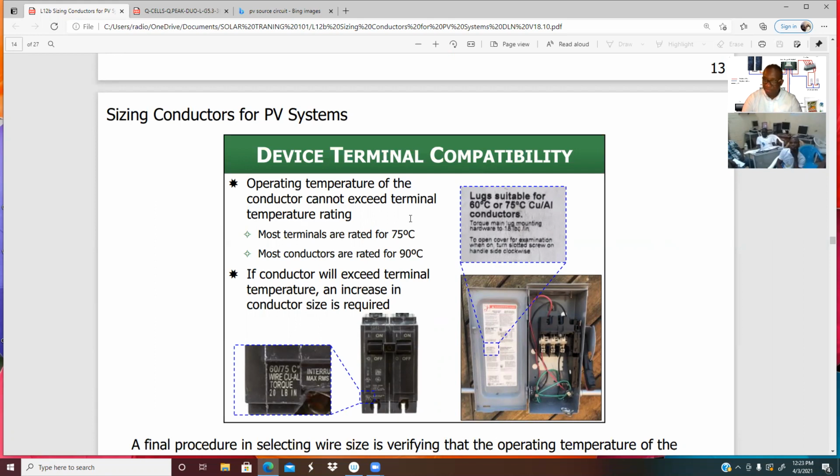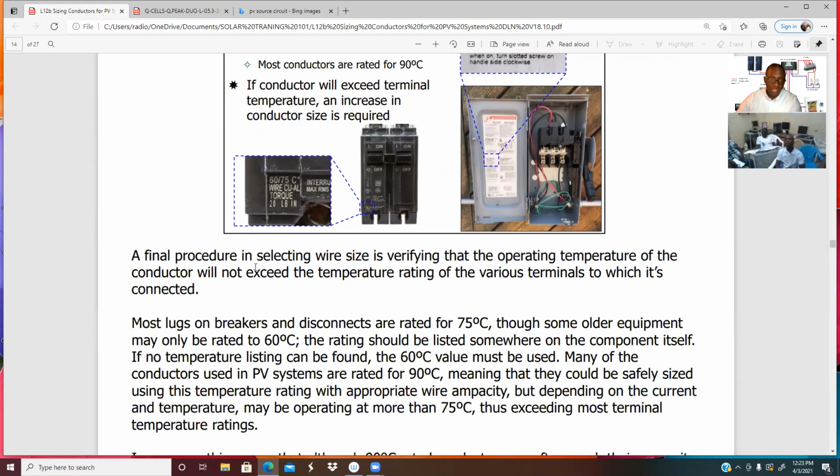You got that? Now, let me read it. A final procedure in selecting wire size is verifying that the operating temperature of the conductor will not exceed the temperature rating of the various terminals to which it is connected.